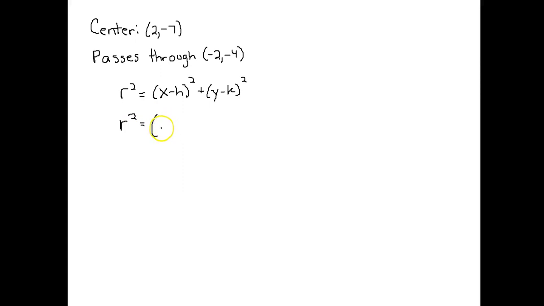We can say, well, we know an x is -2. We know an h is 2, because this is going to be x, this is going to be h, plus we've got a y of -4 minus a k of -7 quantity squared.